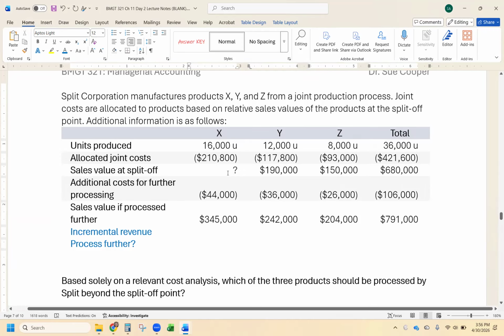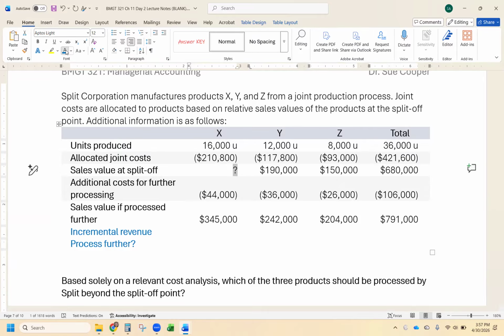Does anyone have a number for the sales value of X? That question mark, has anybody calculated it? 340? Okay, thank you.